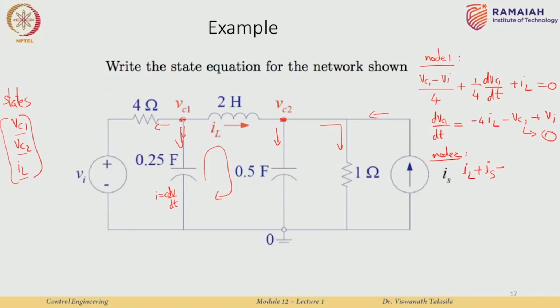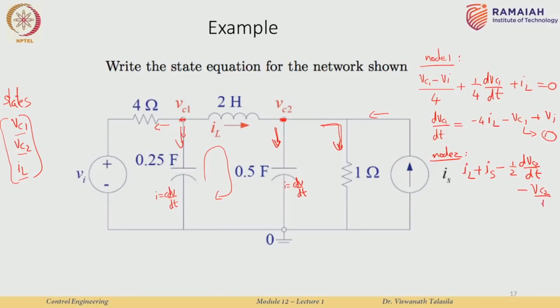So, the first one will be again C dVc2 by dt, again I apply this constitutive relationship over here. So, I will basically get 0.5 which is 1 over 2, that is my C dVc2 by dt, okay, that is a current in this branch over here, and the current in this branch is simply Vc2 divided by 1, alright.